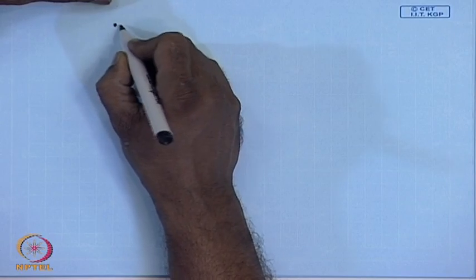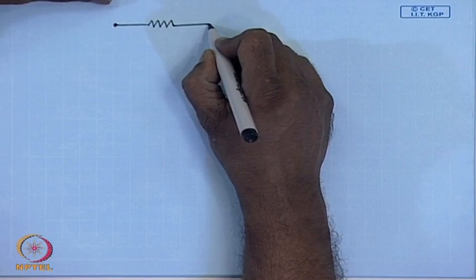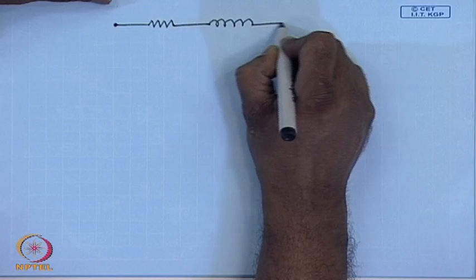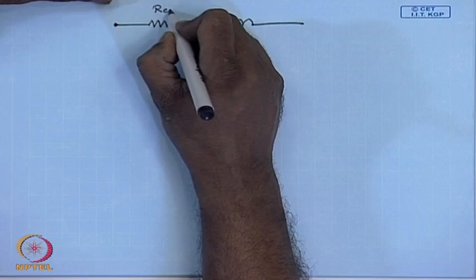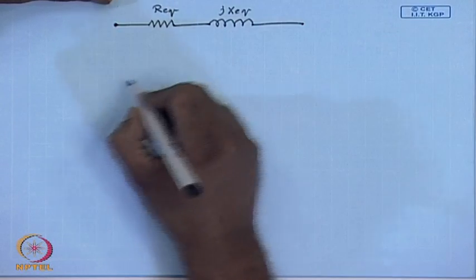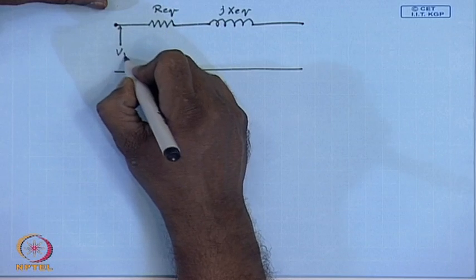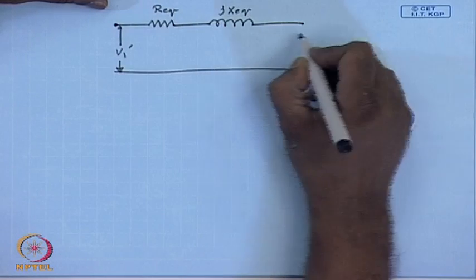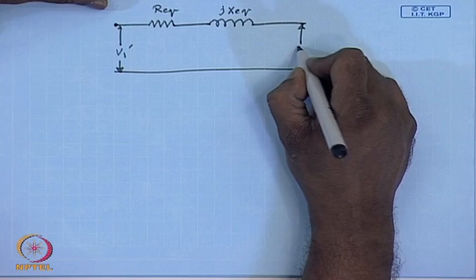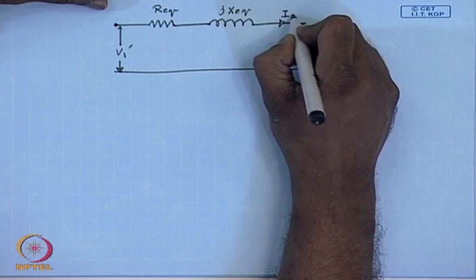Therefore, the equivalent circuit for calculating percentage regulation will be Req, jXeq. The applied voltage is V1 dash and the load voltage is V2, the current is I2.